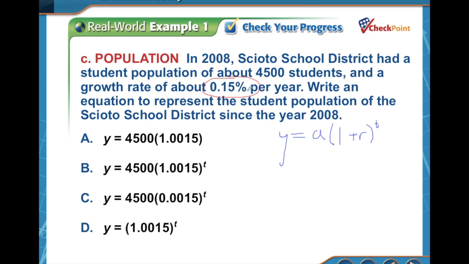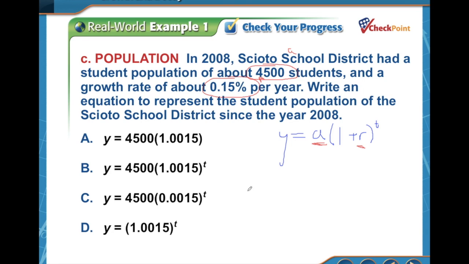Well, 0.15% per year, that's our rate. That's our R. So we know what that is. So this we can plug in. What else do we know? Student population was initially 4,500 students. That is the amount that we started with. That is A. So we know those two things, and that is what we must plug in.